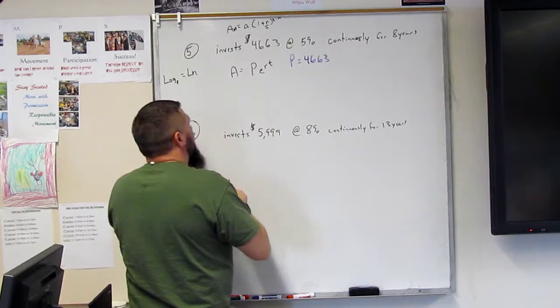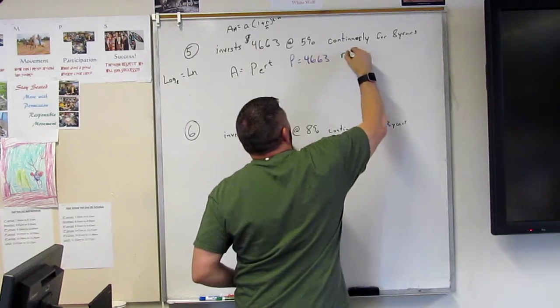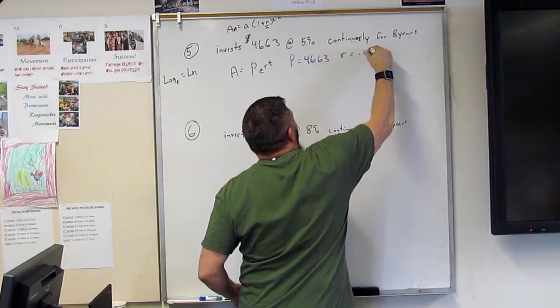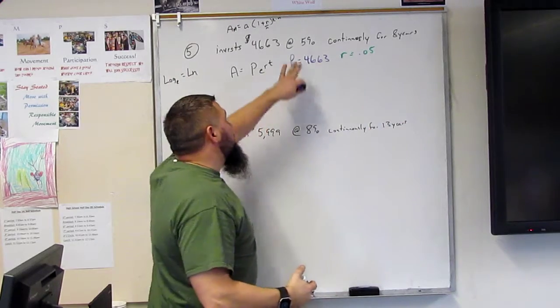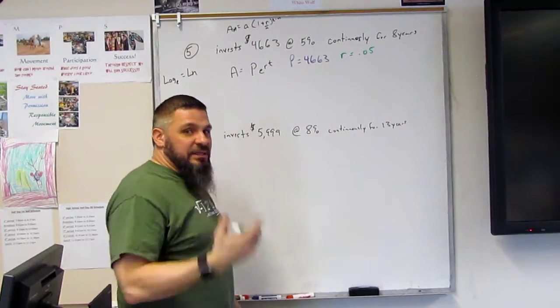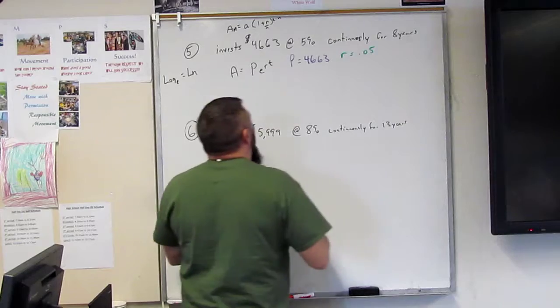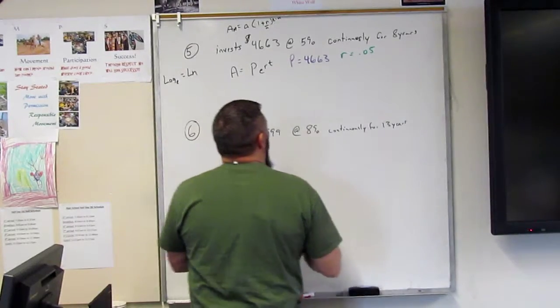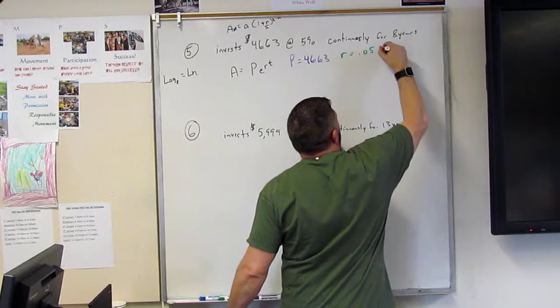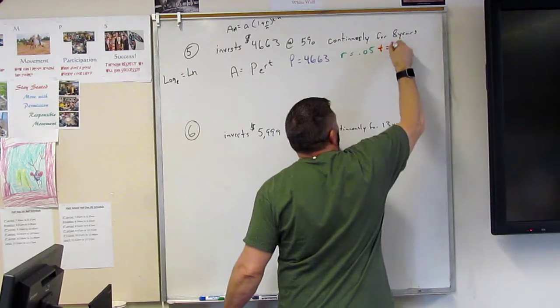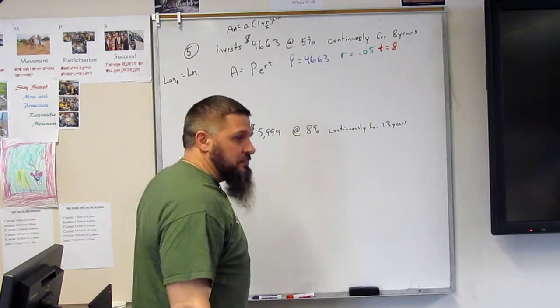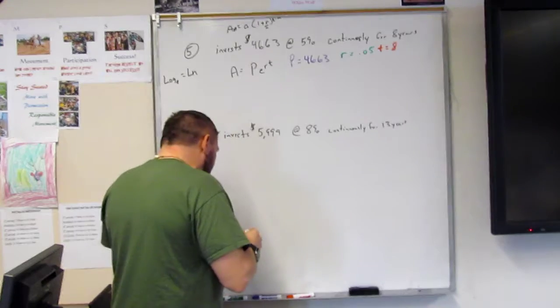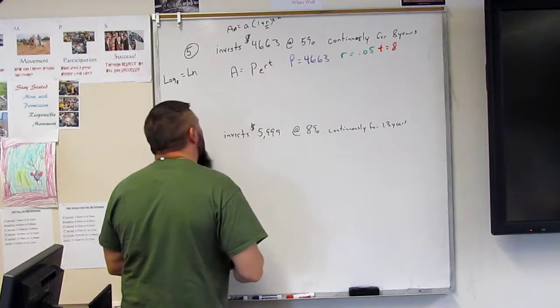Your r is equal to 0.05 because we changed the 5% to a decimal. And continuously, 8 years. The time is always in years for this formula. So t is equal to 8. Okay? And then you plug it in.